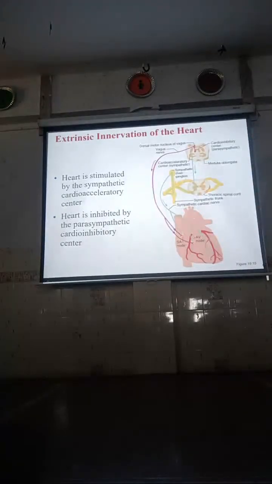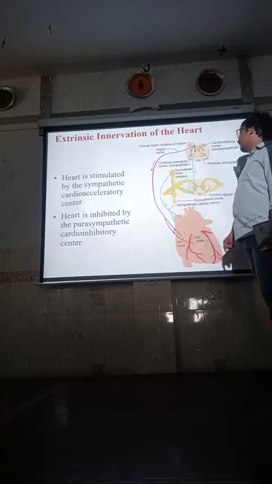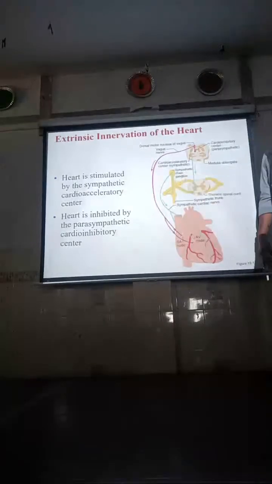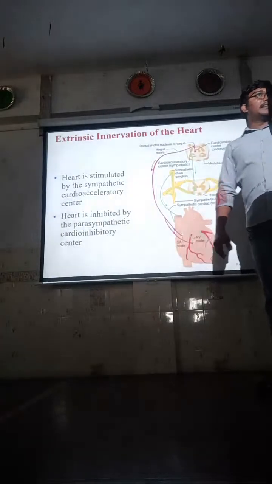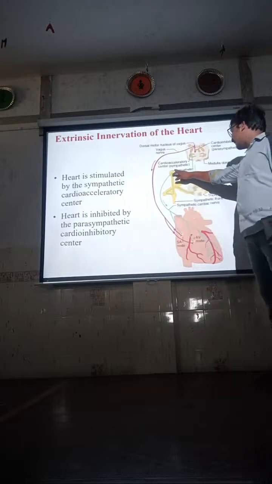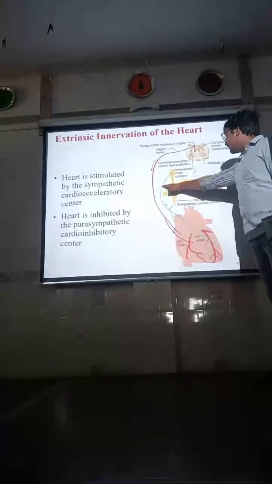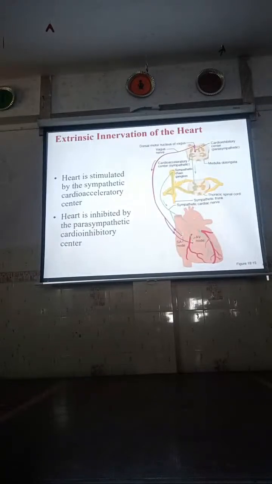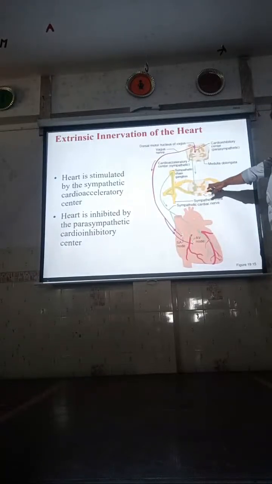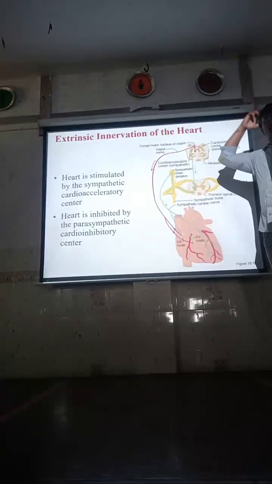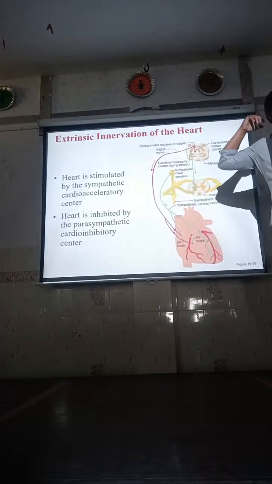It activates the sympathetic chain of ganglia, and from there the impulse is transferred. Now you can see here, this is the thoracic spinal cord. From the medulla oblongata, from the brain, the spinal cord is extending.